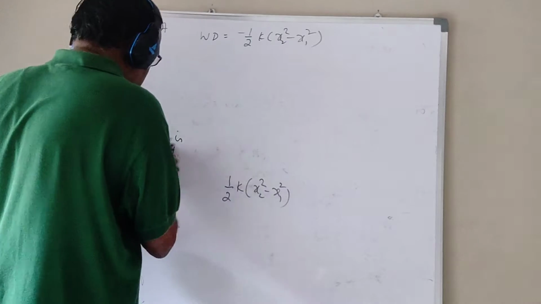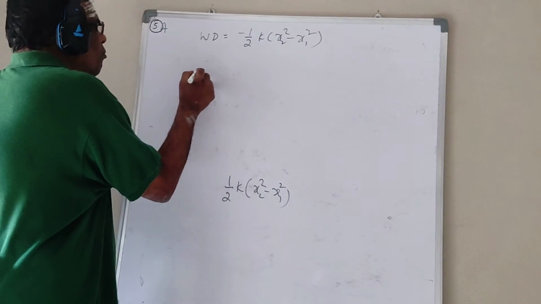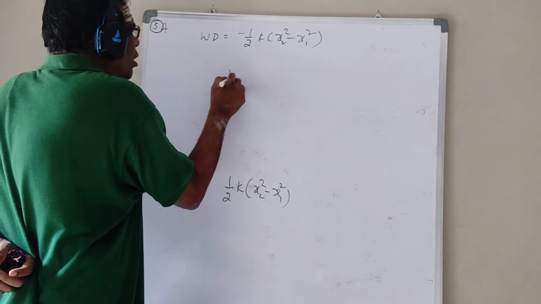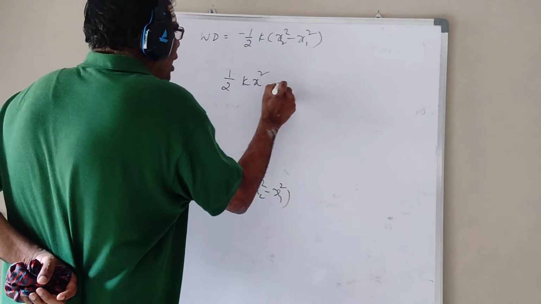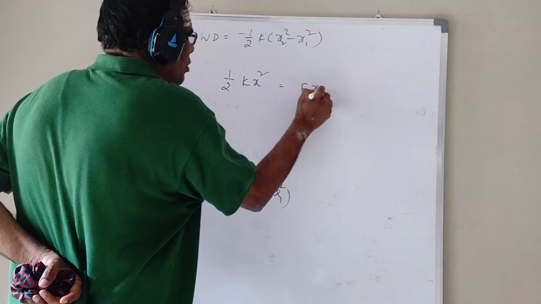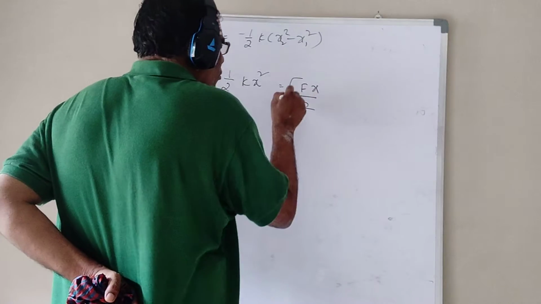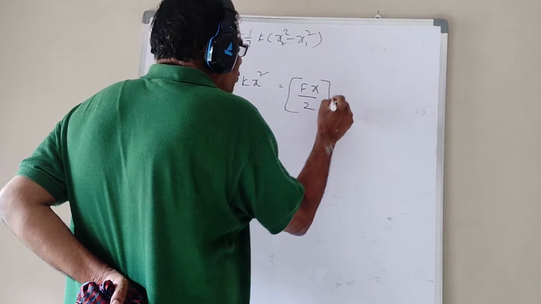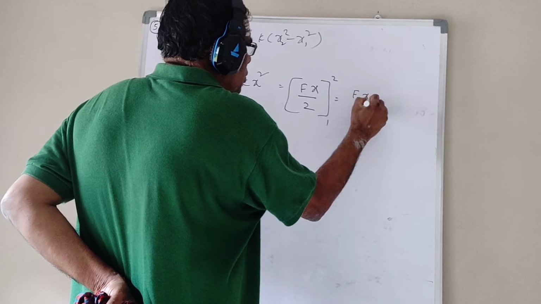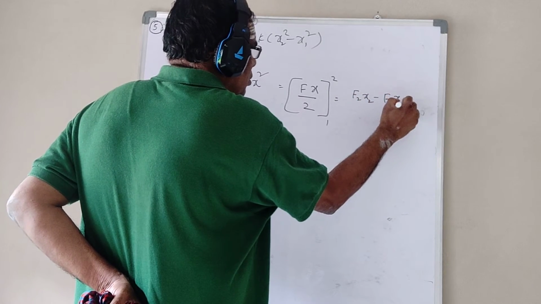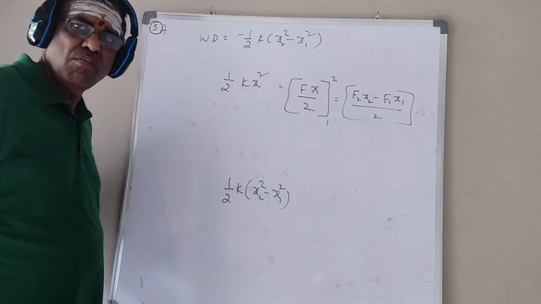Now one important thing is, you see, half kx square, I can write it as fx by 2, f is kx. If I am taking it from 1 to 2, see f2 x2 minus f1 x1 by 2.